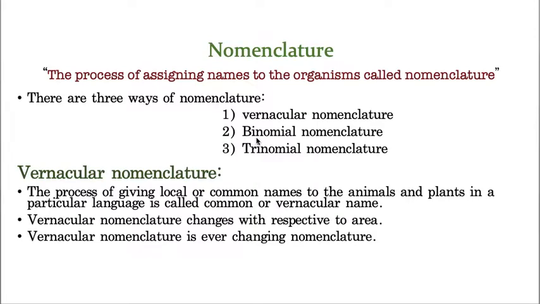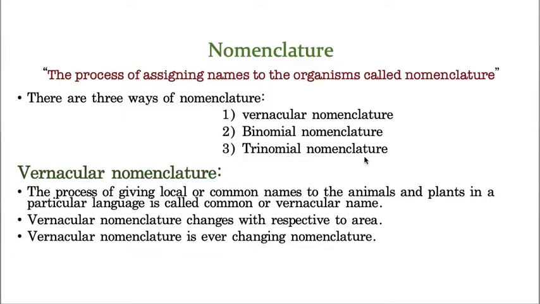Any taxonomist who wants to give a name right now follows binomial nomenclature, which is the most used nomenclature. Then there are vernacular nomenclature, and the third one is trinomial nomenclature.